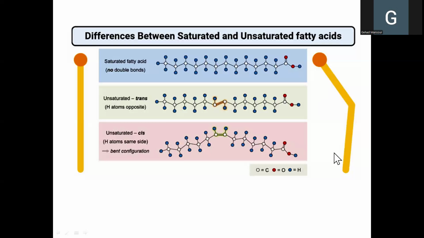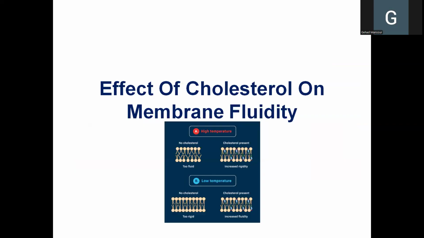They would have wide spaces in between each other because of the rigid kinks, and that's why the more you have of the unsaturated fatty acids that have double bonds, the more fluid the fatty acid substance is, because it contains wider intermolecular spaces. This was important to know before going deeper into the subject.